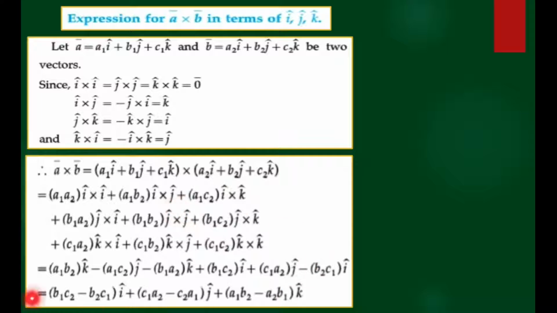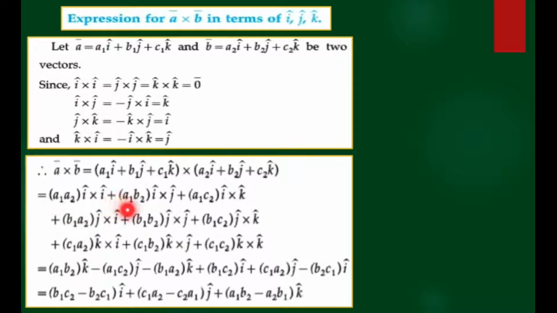So now we substitute the values of i cross i, i cross j, i cross k, similarly j cross i, j cross j, j cross k, k cross i, k cross j and k cross k. We write i cross i, j cross j, k cross k as the zero vector. So we get the first term as 0.